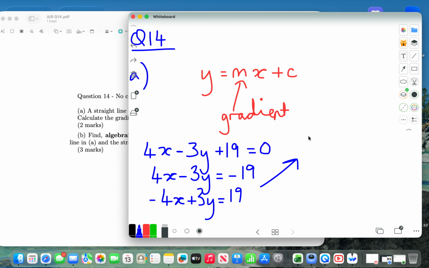I can write this as 3y minus 4x equals 19. I then want to add 4x to both sides to get y on its own.